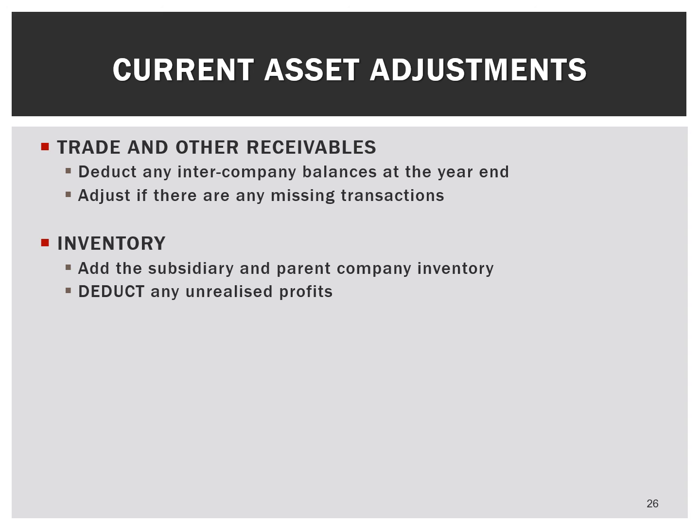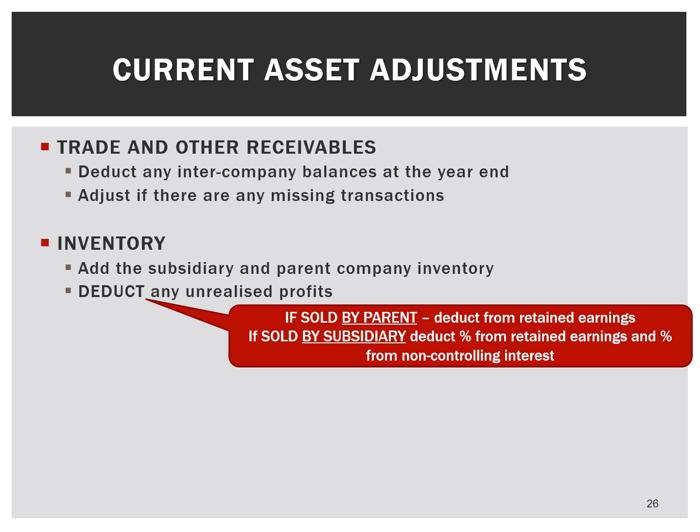When we come to the consolidated statement of financial position, we have to remember also that if we're reducing that inventory figure, we've got to make a double entry in the consolidated statement, and if the unrealized profits that we're eliminating were profits that were reflected in the parent company's statement of financial position, then the whole of that adjustment gets deducted from retained earnings.